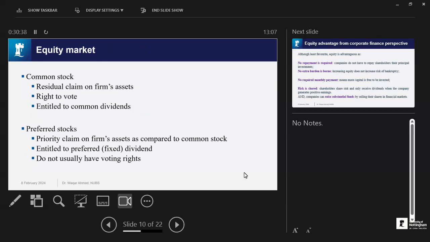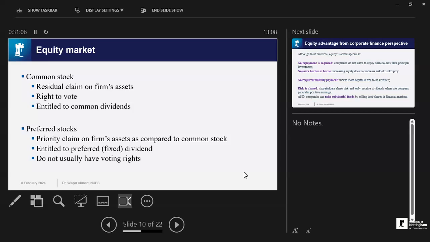In equity markets, there are two main classes of stocks: common stocks, which represent the residual claim on the firm's assets, come with the right to vote, and are entitled to common dividends. And then there is a hybrid kind of security, which we call preferred stock. Preferred stock has characteristics of both debt and equity.